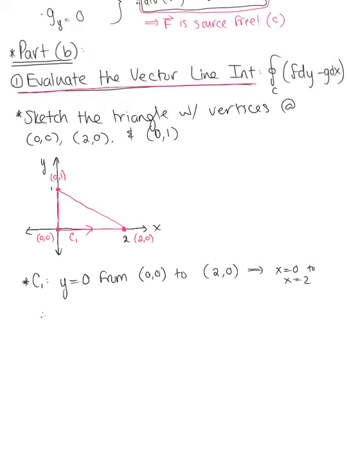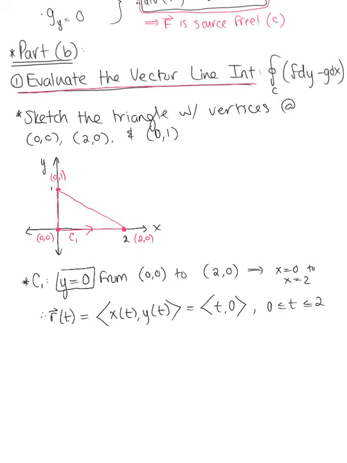And writing this as a vector-valued function, our parametric description, x of t, y of t. So here we have a smooth curve, y is 0, so we let x be t, and y is 0. And this is for t greater than or equal to 0, less than or equal to 2. And again, this is our first curve here. We have 2 more to go.